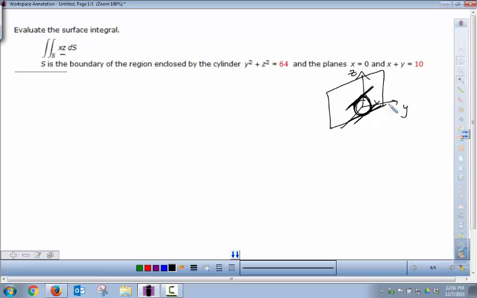Wow, can you guys even see it? Yeah, it's a cylinder.